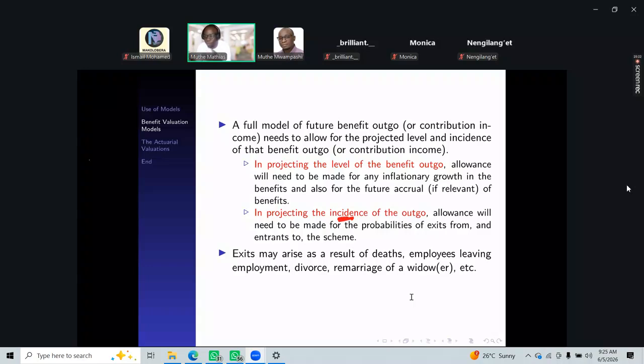So it can be death, it can be ill health and stuff like that. So can we project that? Can we do projections about the incidence as well, not only focusing on the amount? Because we have different scenarios which can trigger pension benefit. So both the incidence and the level need to be projected.